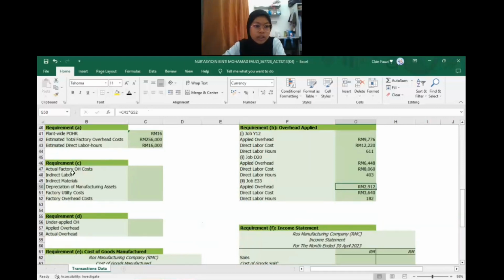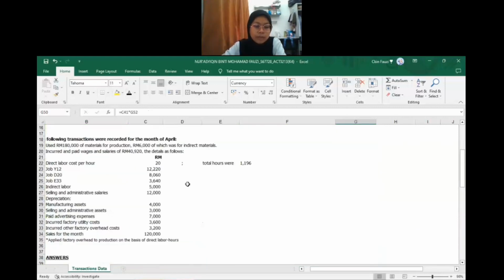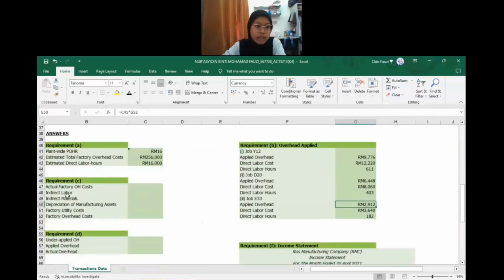Required to find actual factory overhead cost. In the question given, to determine overhead cost, I will get indirect labor, indirect materials, depreciation of manufacturing assets, factory utility cost, and factory overhead cost as actual factory overhead.